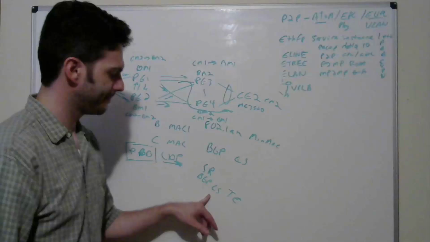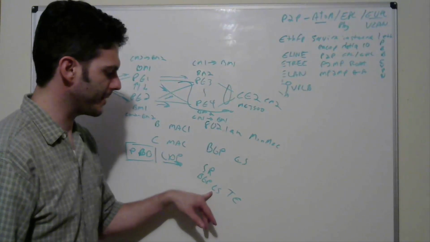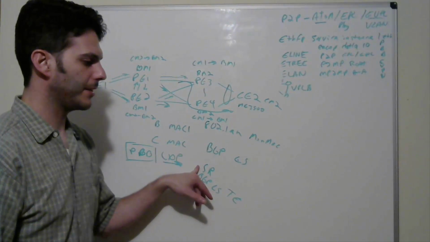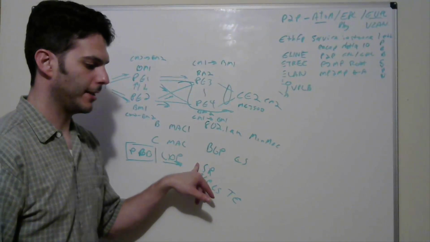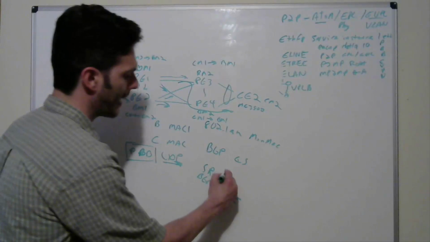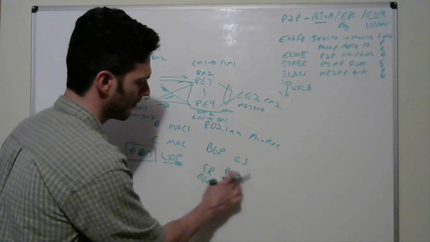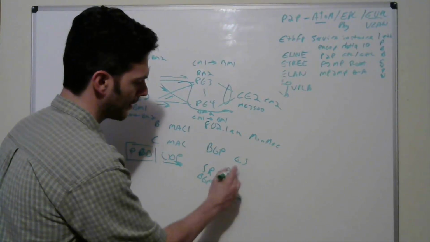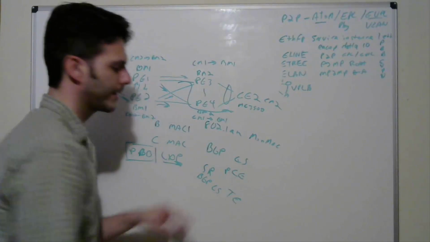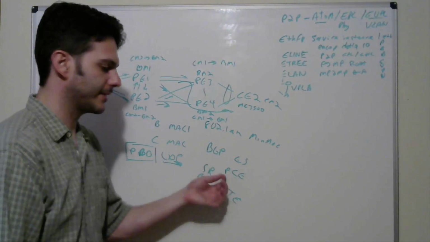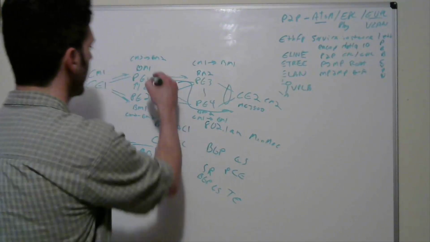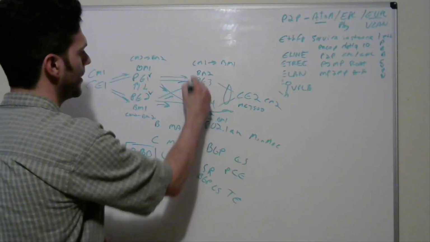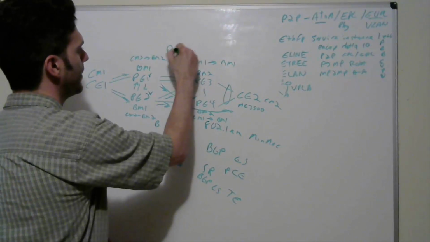You take BGP link state and segment routing, and you build a database for what they call the path computation element, the PCE. It takes information from all of the sources in the network, from here, here, here, and here. This goes up to the PCE.